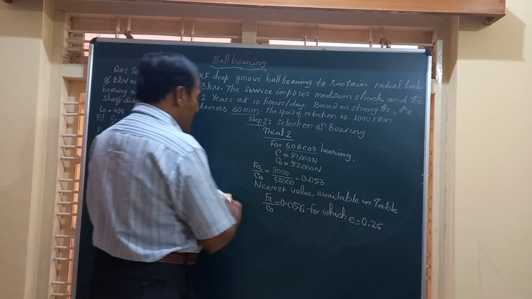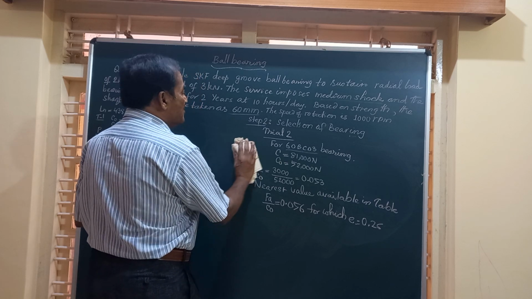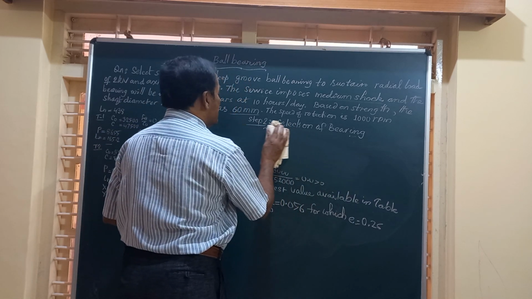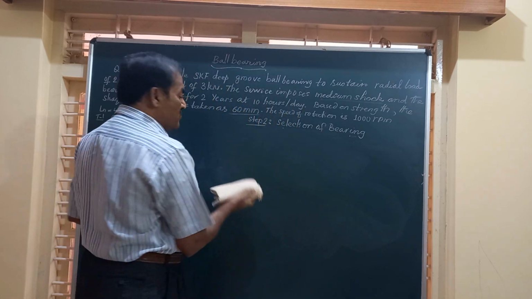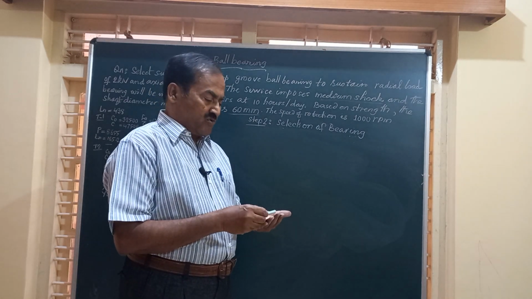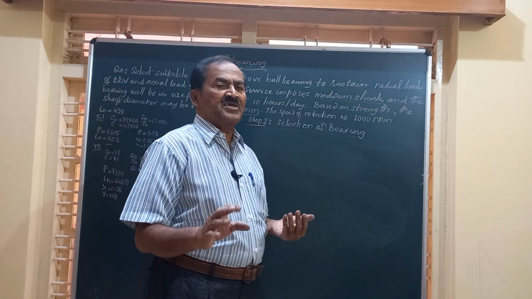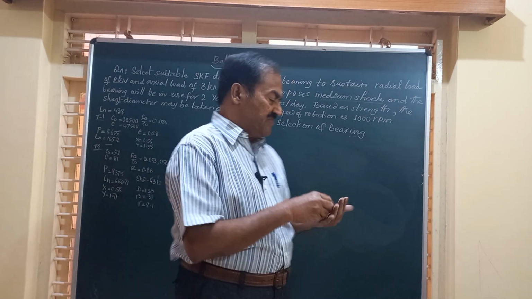Now friends, we have the value of FA over C naught, for which you have got E equal to 0.26. Now you will have to compare this value of E with FA over FR. And remember friends, FA over FR is a constant for a given bearing.